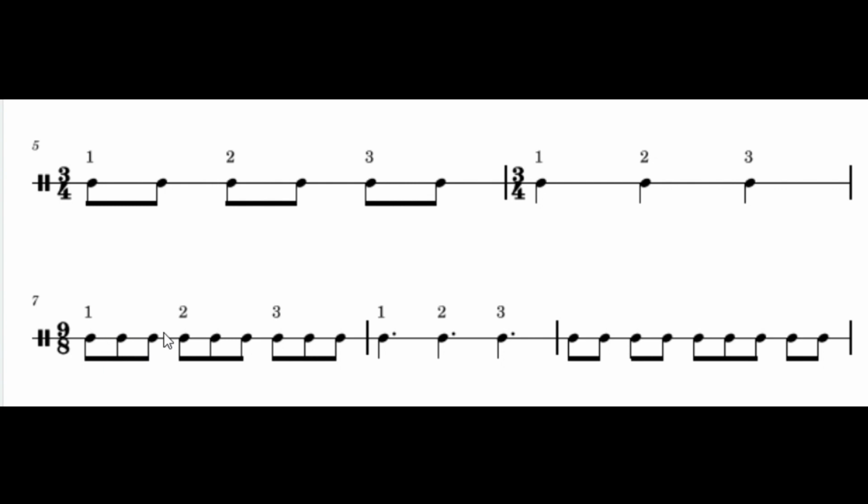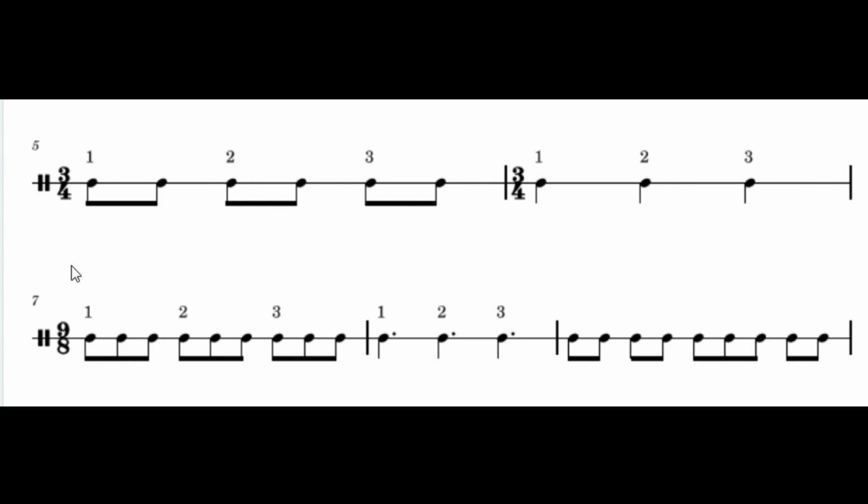One, two, three, four, five, six, seven, eight, nine. And unlike the simple triple, the number on top will be 9, which counts out the subdivision of each count. So in the first count, you will have 3. In the second count, you'll have 3. And in the third count, there's also 3, which gives us a tally of 9.